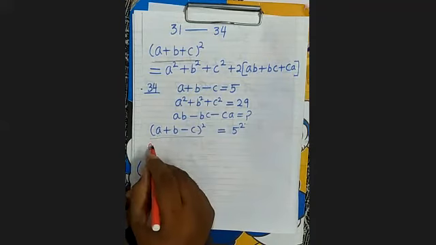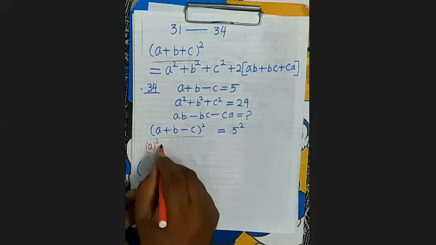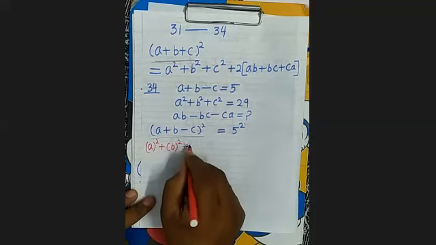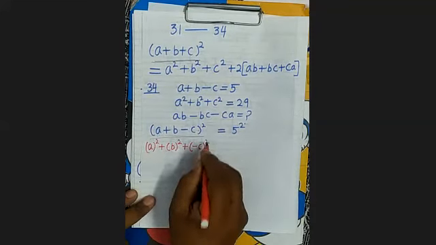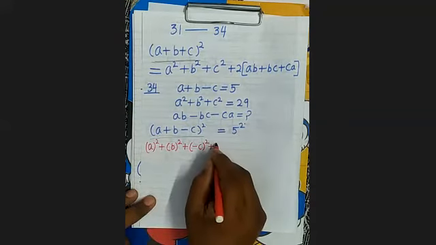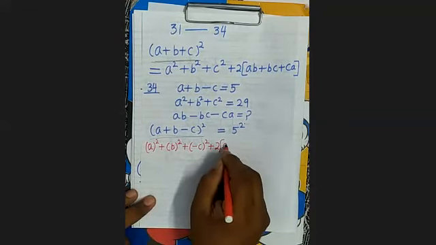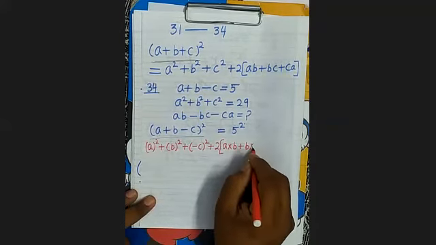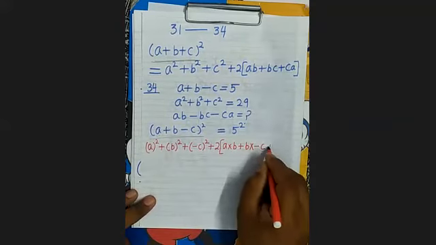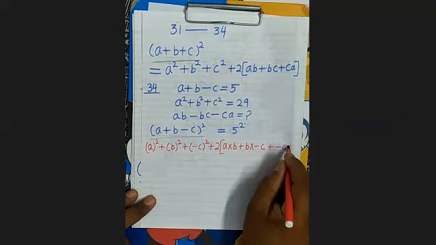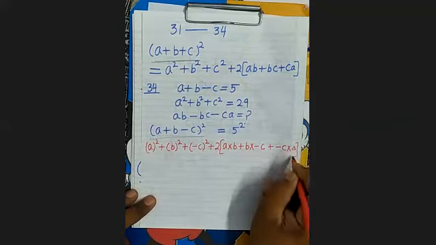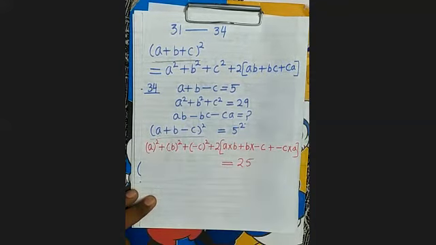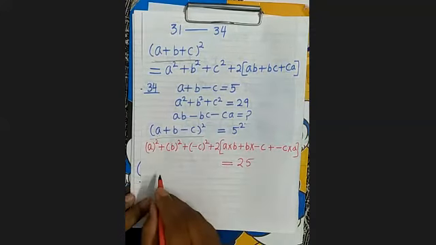Now you expand. This is a square plus b square plus (minus c) whole square plus 2 within bracket a into b plus b into minus c plus minus c into a, bracket close, equals 5 square, which is 25. Now you simplify.